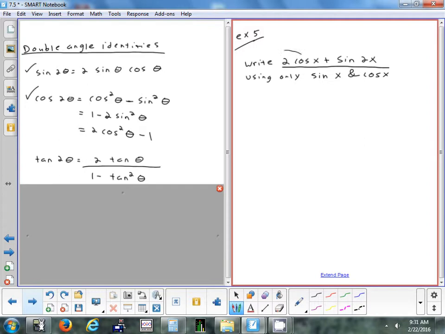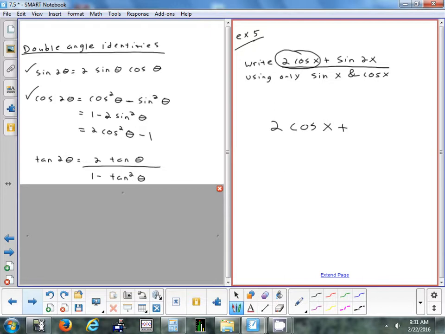Now, if you look at the first term, does that fit the description of what they're already looking for? Yeah, that's fine. It just has a 2 in front. We don't care about that. We just don't want a number inside next to the x. So leave the first part alone. It's the second part that has a problem.